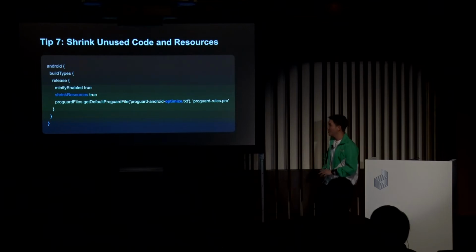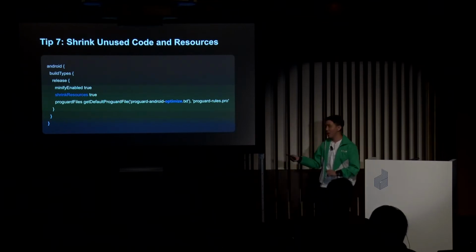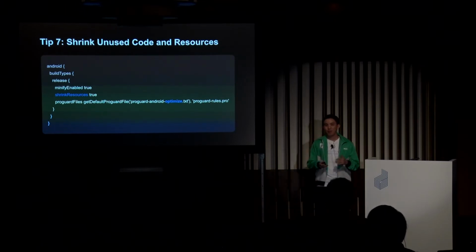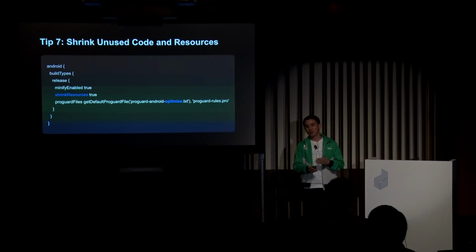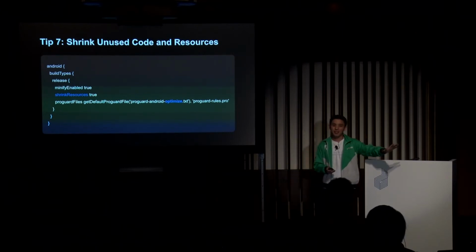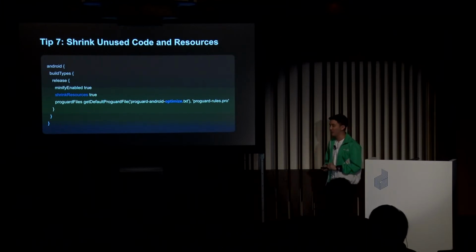So I encourage you to add the shrinkResources property here as well and set it to true. After minify removes unused functions and unused source code, you may not know that some source code refers to other resources. Shrink resources will remove unused resources after minify for you. So your app will be smaller.